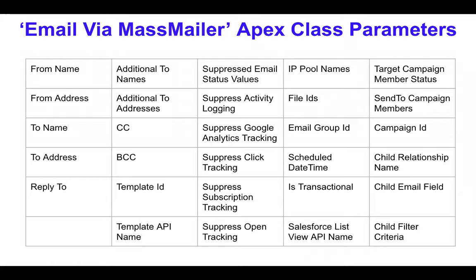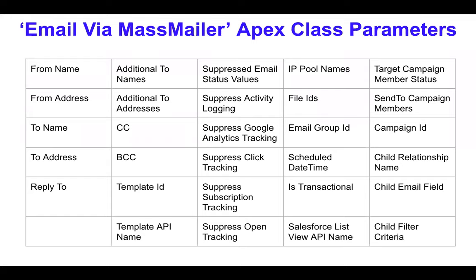As you can see, the Apex class parameters could be from name, from address, to name, to address, reply to. You can have additional to names, additional to addresses, CC, BCC, template ID, template API name. You can suppress email status value, suppress activity logging. You can suppress tracking such as Google Analytics, click tracking, subscription tracking, open tracking.